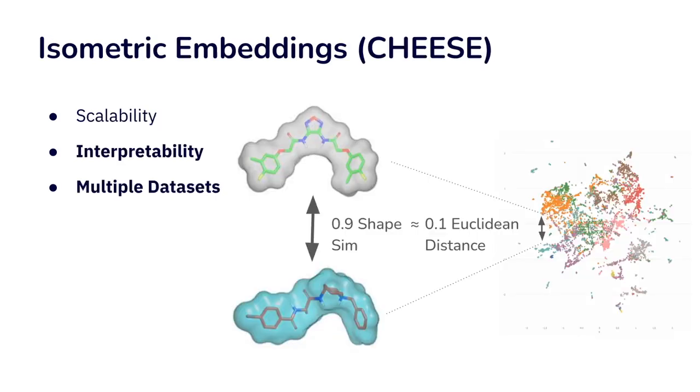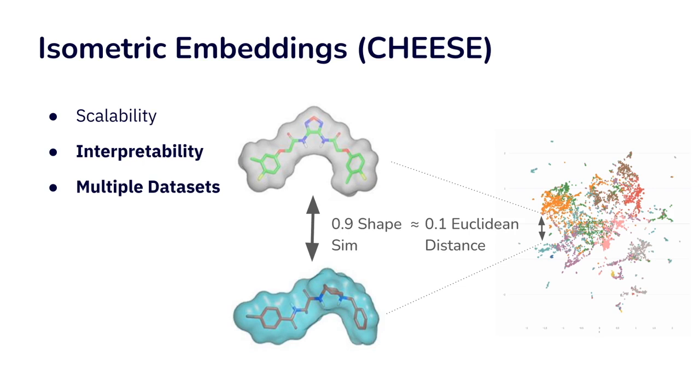To tackle the issue of interpretability, we rely on a method of creating isometric embeddings, which are being used as well across our products, such as CHEESE for searching molecules, or Modeler for training ADME predictors on those representations.